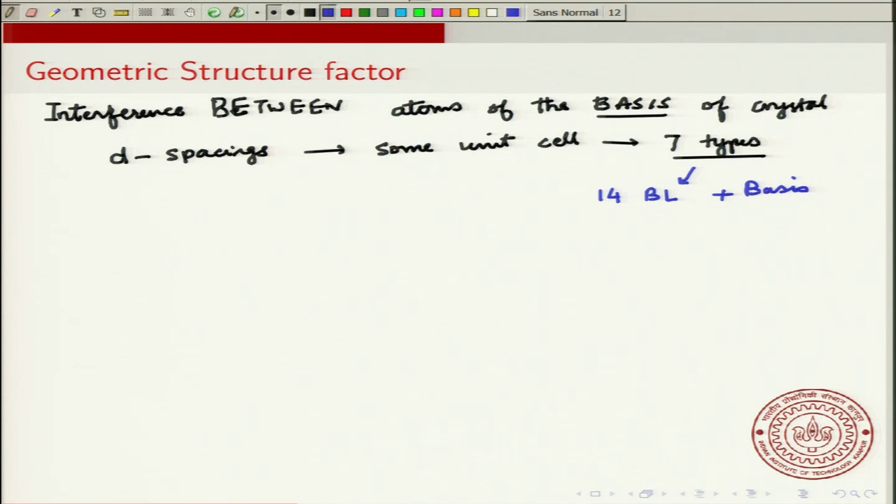So, this geometric structure factor is denoted by capital F of hkl, and we say intensity is proportional to capital F of hkl squared. This is called the geometric structure factor.